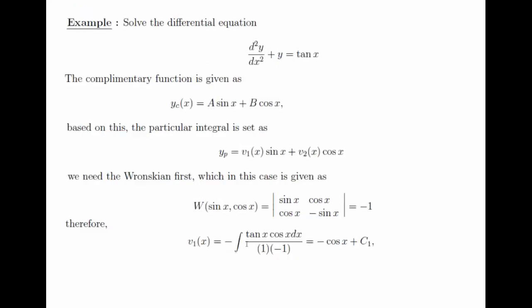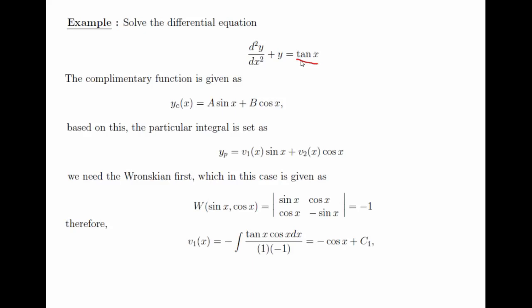Therefore, v1(x) is equal to minus the integral of tan x, which is the right hand side, the f(x) taken from here, times cos x, because cos x is y2 and this is v1.